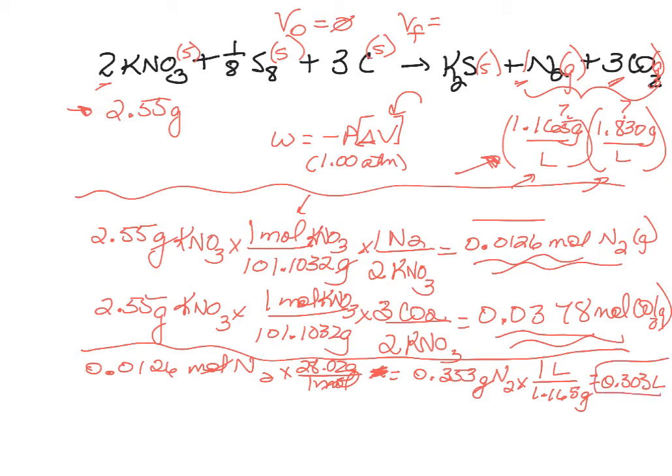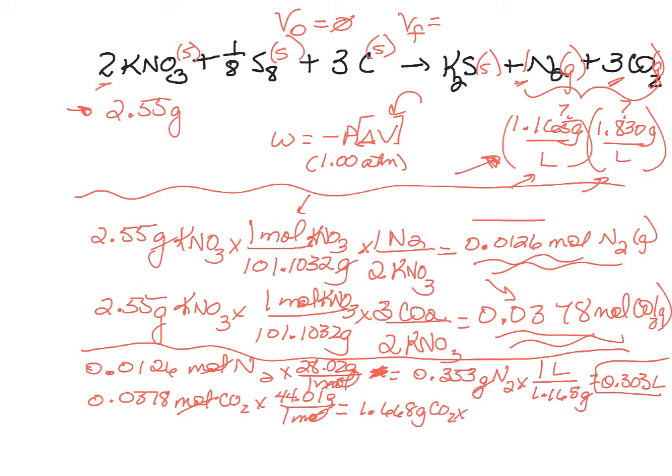All right, now we have to do the same thing for CO2. So we had 0.0378 moles of CO2 formed. Molar mass of CO2 is 44.01. And so the grams that we have of carbon dioxide, 1.668 grams of CO2.